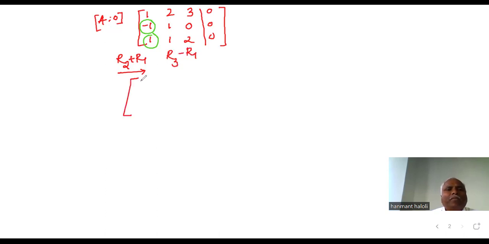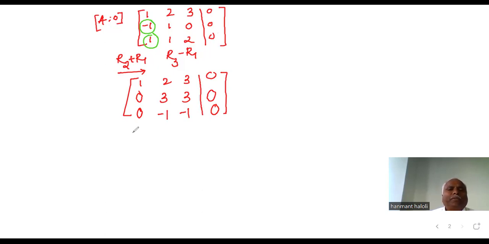Then the first row stays as it is, no change. In the second row, adding the first row to the second: minus 1 plus 1 is 0, adding 1 and 2 we get 3, adding 1 and 1 we get 2... similarly for the last row, subtracting the first row from the third: 1 minus 1 is 0, 1 minus 2 is minus 1, 2 minus 3 is minus 1, equal to 0.